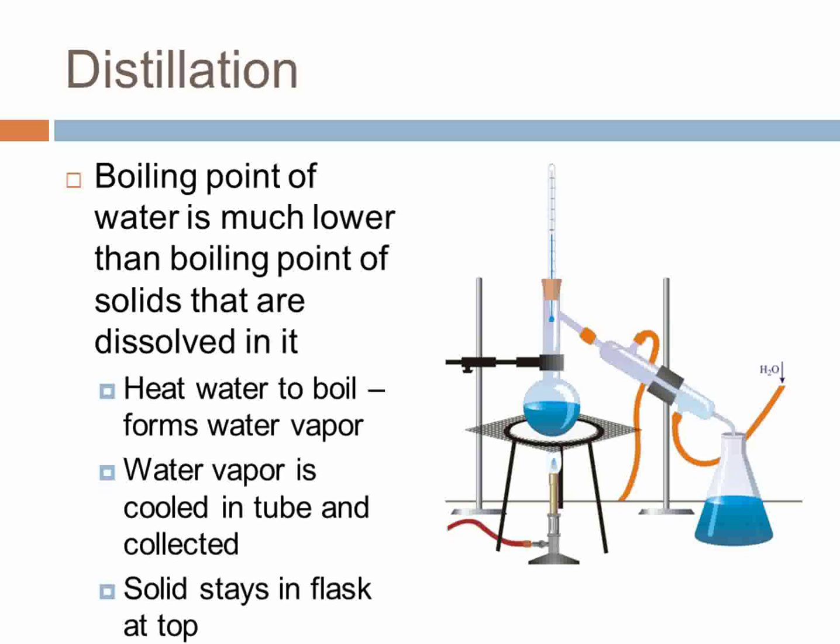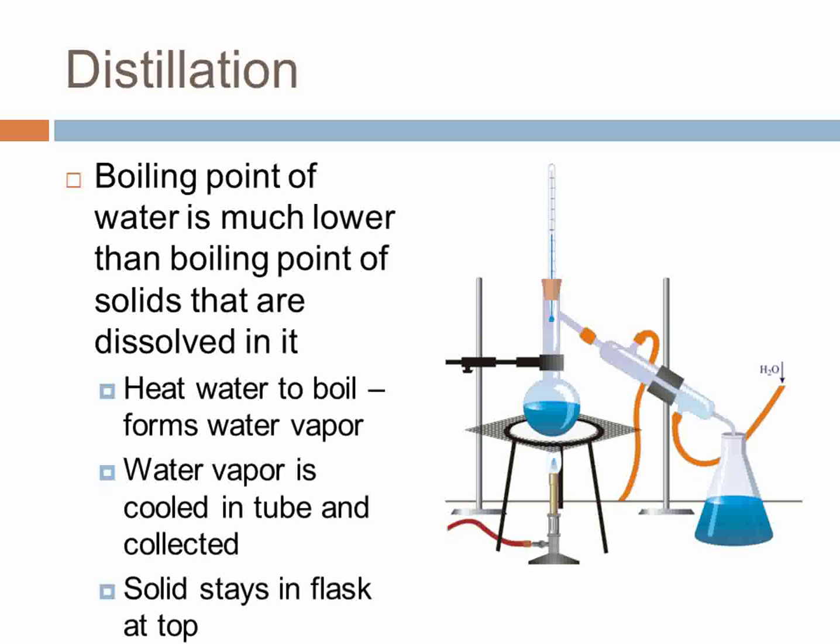It's not going to turn into a gas. It's just going to hang out there in our beaker on the top. So as our water boils and it evaporates, turning into gas, it's going to travel up to the top of our apparatus by where you see the thermometer, and it's going to be forced down this tube. Now in that tube we have cold water continually running around it. So as the cold water continually runs around it, it takes that gas and it cools it back down. As the gas cools back down, it's going to get closer to 100 degrees Celsius again.